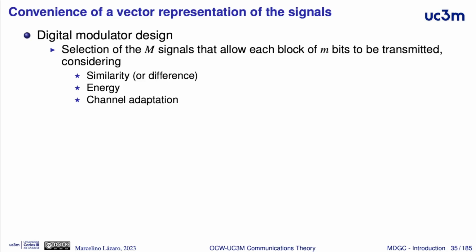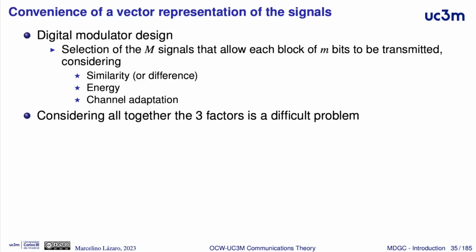As a summary, it is necessary to take into account in the selection of the waveforms the similarity or difference between the signals to guarantee performance, the energy of the different signals, and the adaptation to the characteristics of the channel. And in general, to consider altogether these three factors can be a difficult problem, at least working with the continuous time definition of the signals or with the frequency responses of the signals.